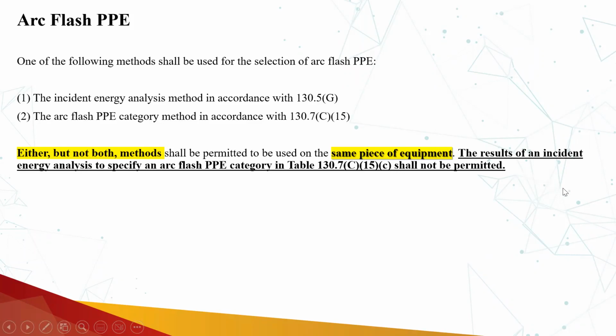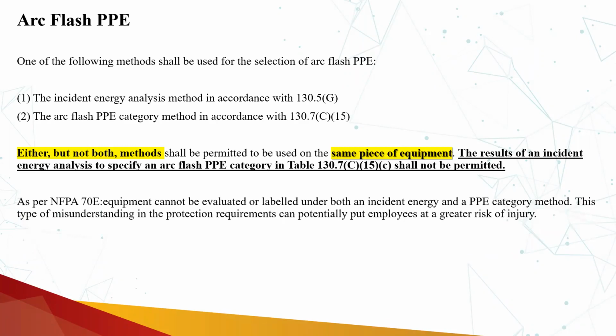The results of an incident energy analysis shall not be used to specify an arc flash PPE category, which is specified in 130.7 C15C, when you are using another method. Okay, so there is a clear-cut rule: if you are using 130.5G, you will be selecting PPE based on the 130.5G table. If you are using the PPE category method, then you will be selecting PPE based on 130.7 C15C.